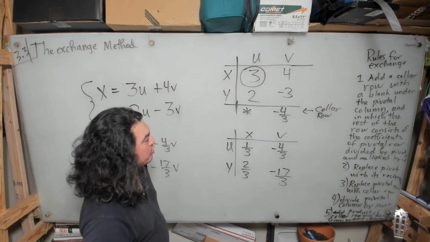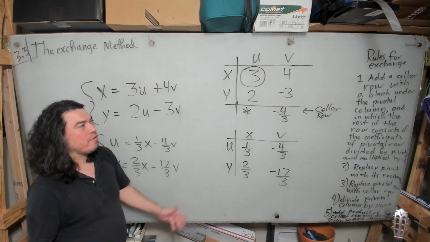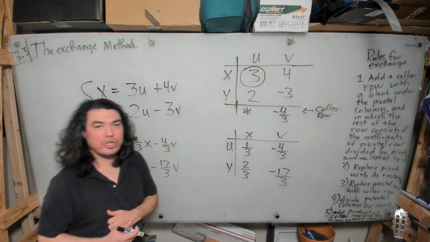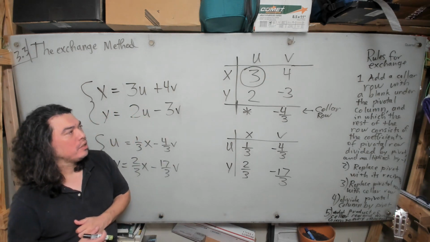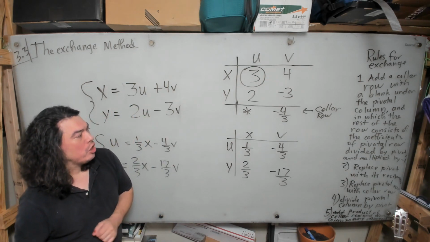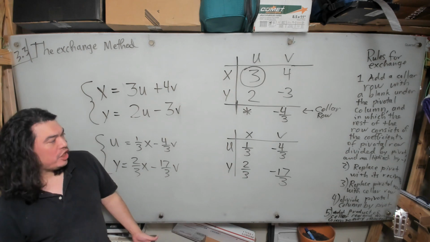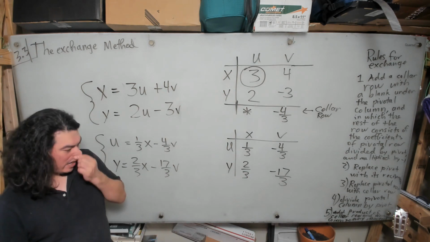Okay? And so this is our first view of how to use the rules for an exchange step to actually perform the exchange of variables.